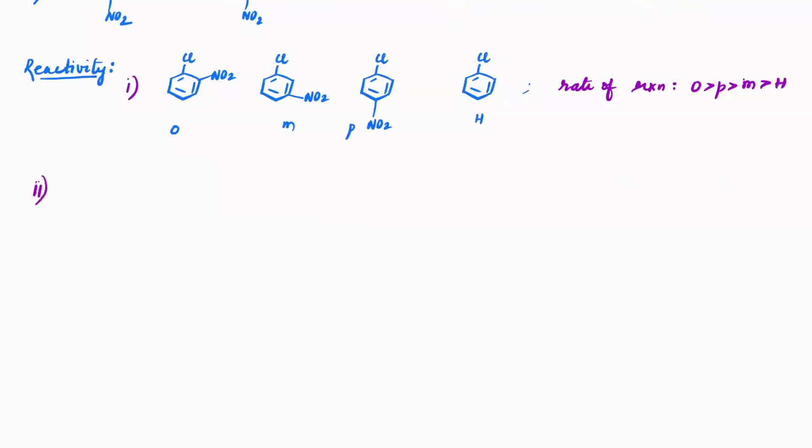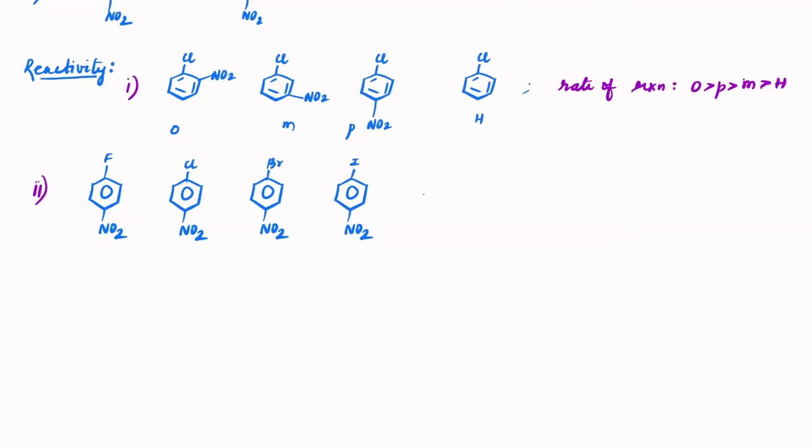Second case. Okay. In case you have NO2 here like this, and let's say I have all the halogens on it, including fluorine, chlorine, bromine, and iodine. In such cases, what will be the rate of reaction? Now you see, the rate of reaction would be based on who will have the high delta positive charge first.